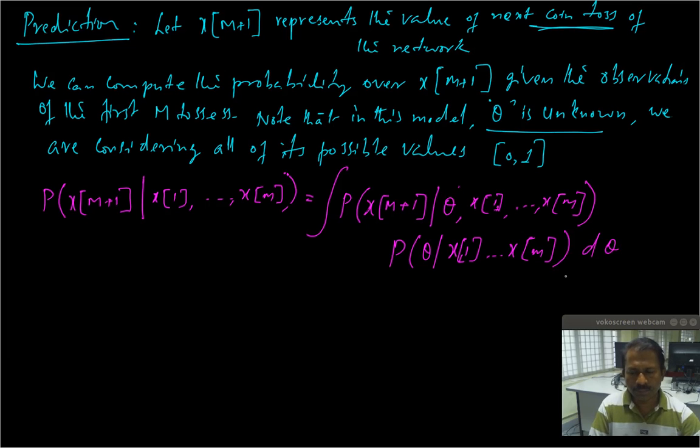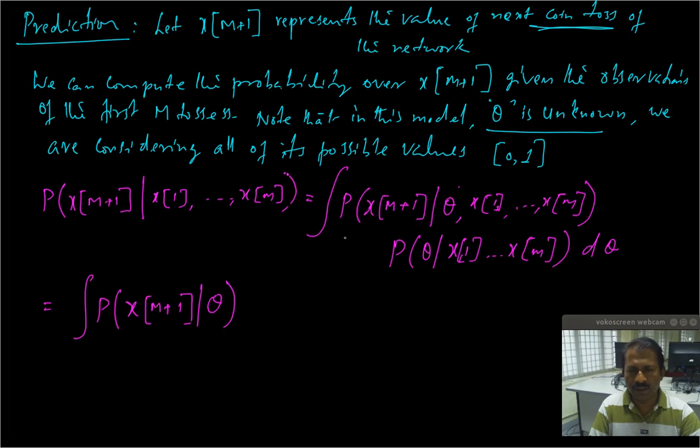So we can write this as, because this is a conditional probability distribution, we can write it as P of x m plus 1 given theta, because we assume that given theta, right? Just remember earlier we made a statement that if theta is known, it is independent of the number of tosses.